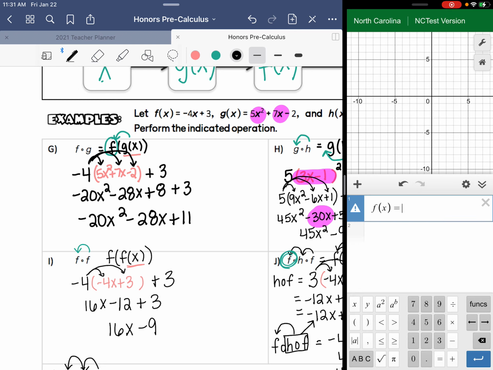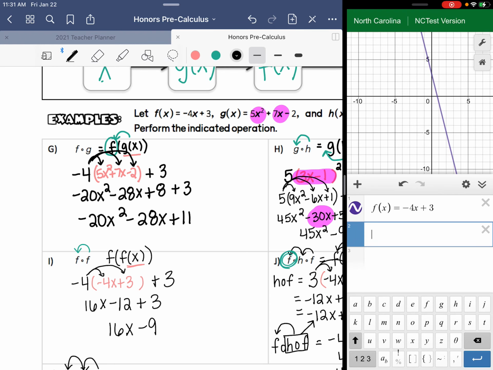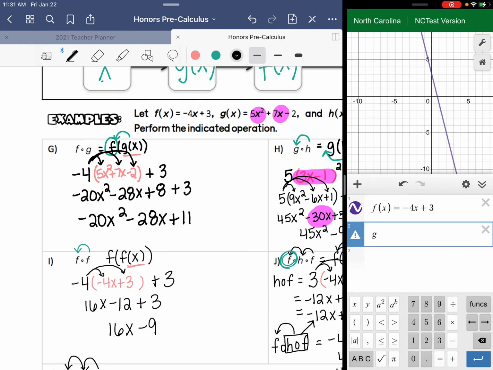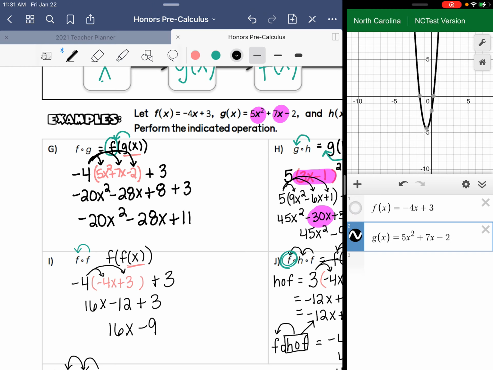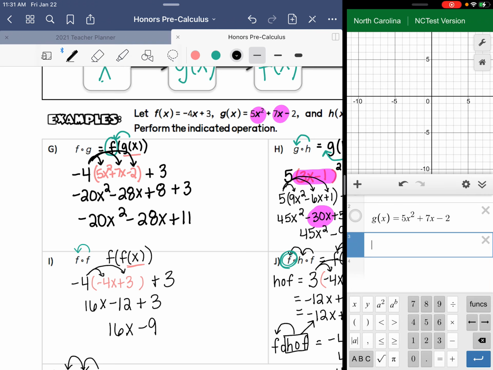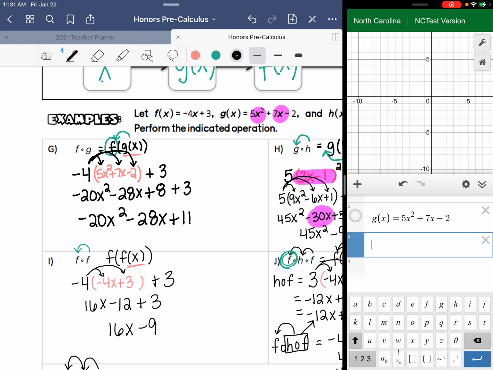So we have f of x, and f of x is -4x plus 3. And we have g of x, which is going to be equal to 5x squared plus 7x minus 2. Now remember, we don't need to see the graphs individually, so we're going to turn those off. What I want to find is the composition.